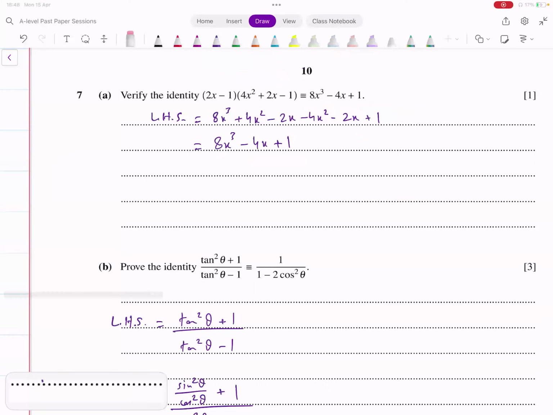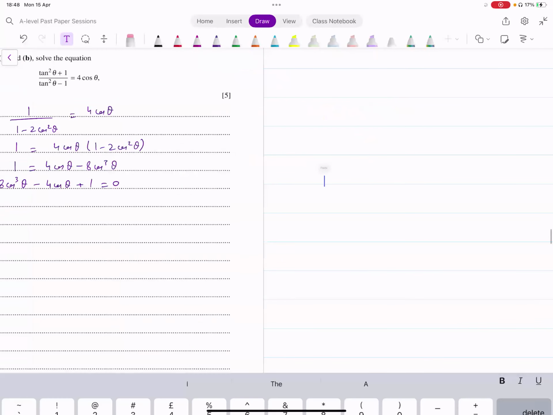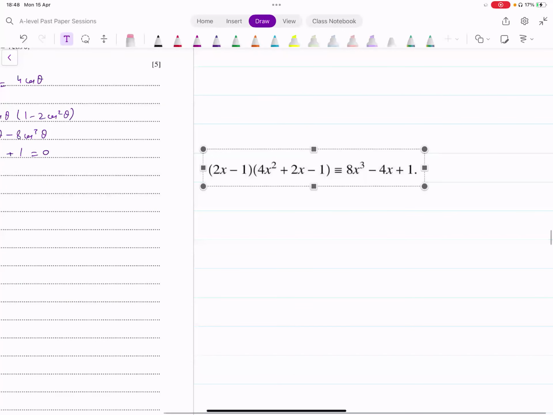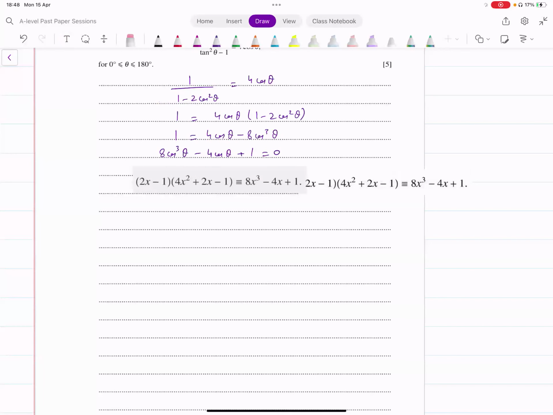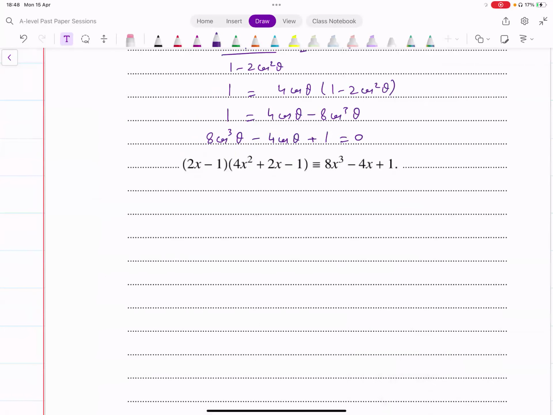So we can use that result. Instead of cos, we've got x. So let's convert it to the form that is given on the left side instead.